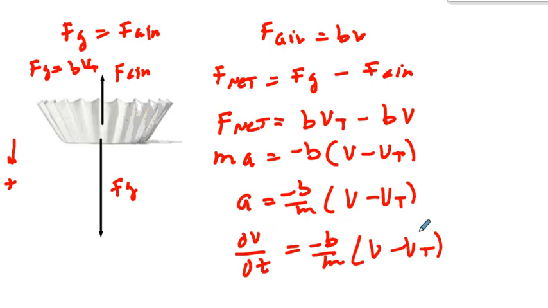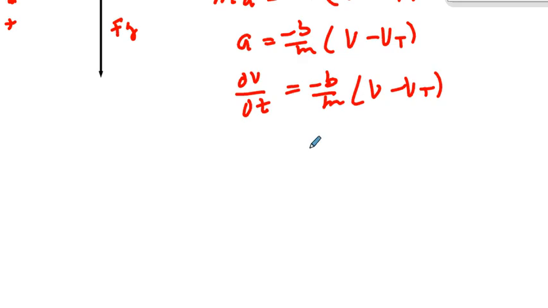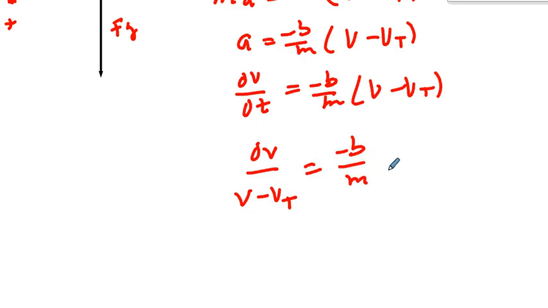So I'm going to take dt to the other side, and I'm going to take v minus vt to this side so that they are on the same sides. So now I have dv divided by v minus the terminal velocity, equals minus b over m, times dt.